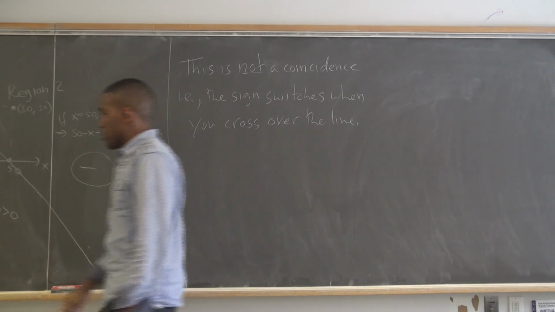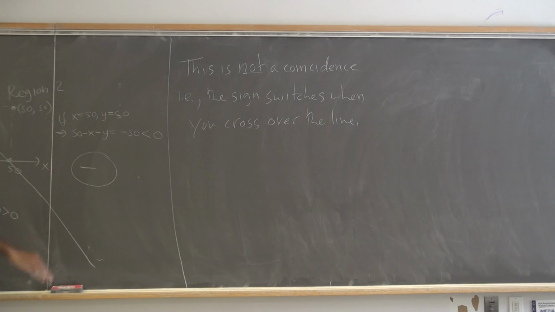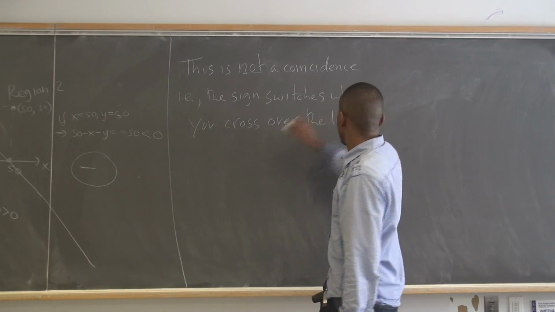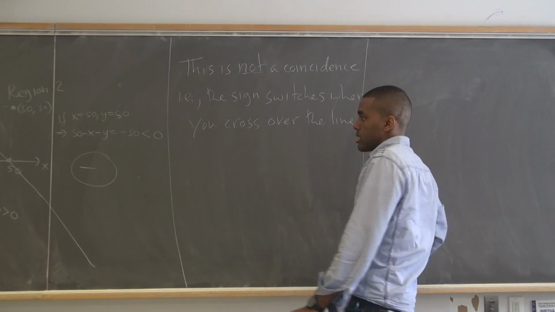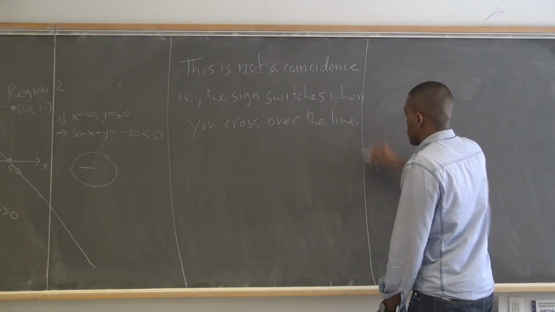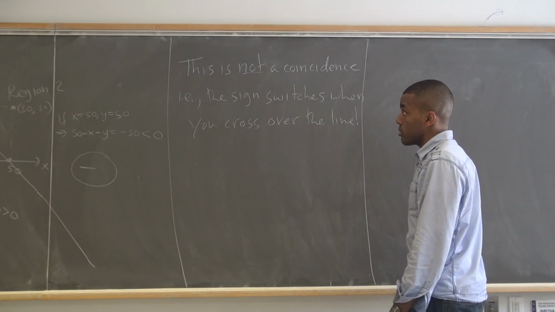Once you have some curves cutting the plane into several pieces, if you know the sign is positive on one side, it'll switch if you go to the other side. That's just how it will work. That's going to be important and will come back later, but it's just something you need to know. We'll use that a lot later.